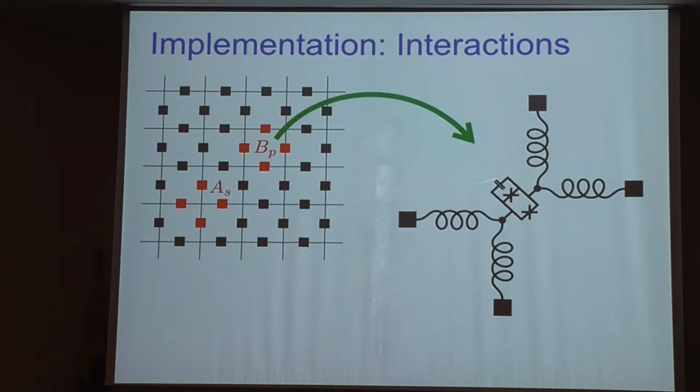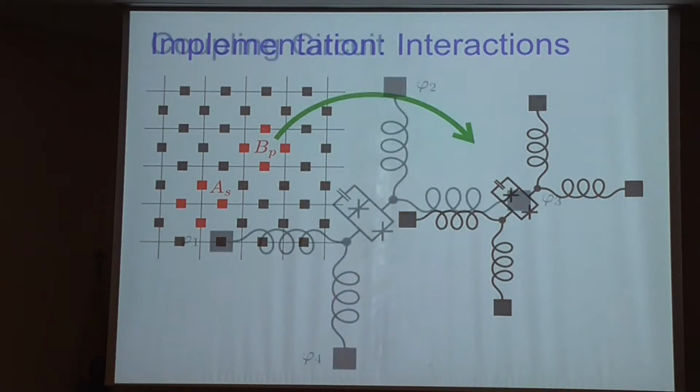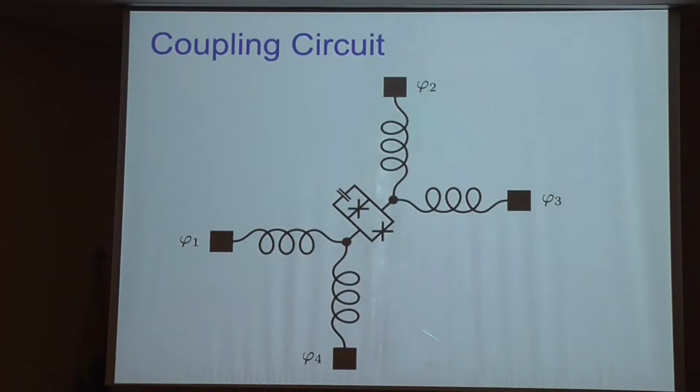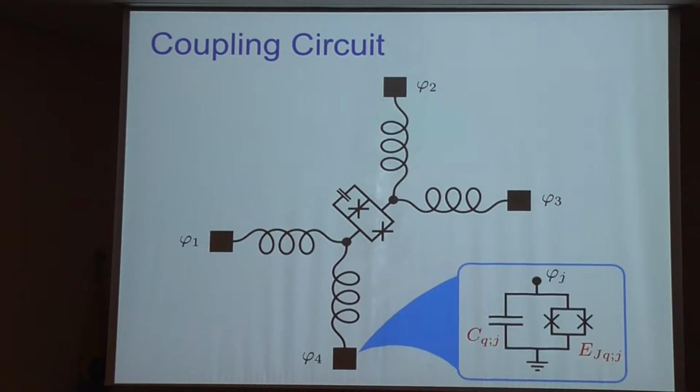These black dots are the qubits, and they are connected via inductances to a DC SQUID. Let me zoom in on this a bit more to explain. The qubits are described by their phase degree of freedom, with phases one to four describing these four qubits that form part of this four-body interaction.